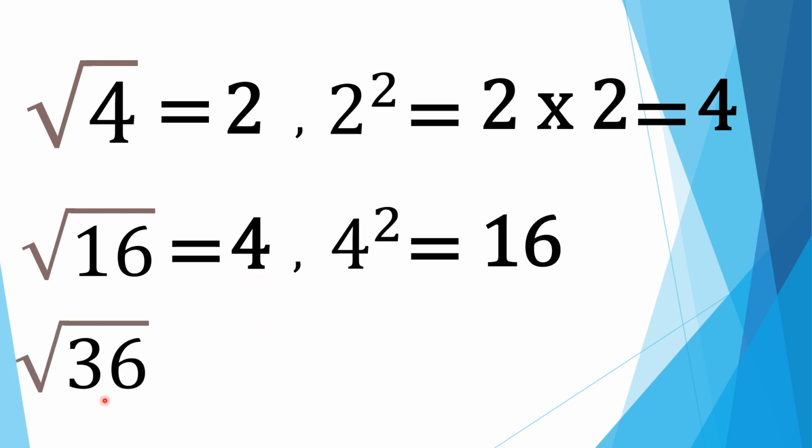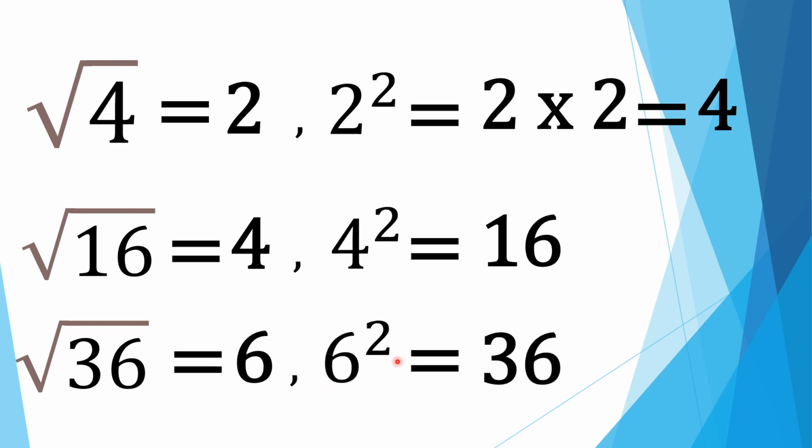Next, square root of 36. What number multiplied by itself 2 times will give us 36? The answer is 6, since 6 squared is equal to 36. Thus, square root of 36 is equal to 6.